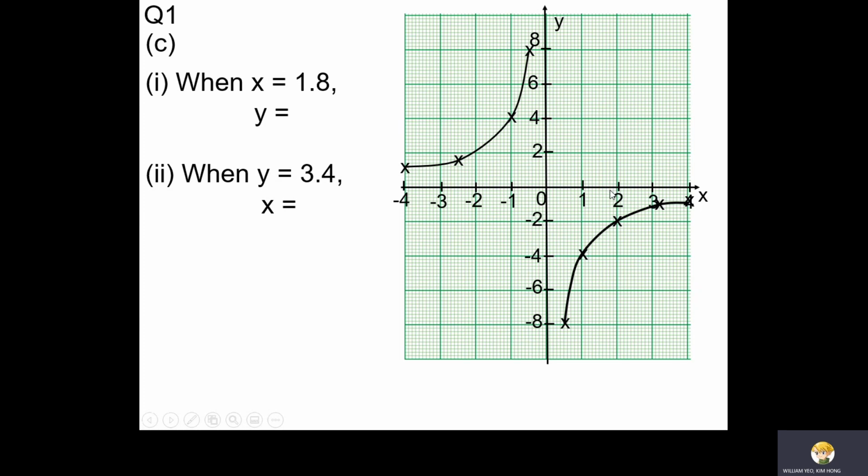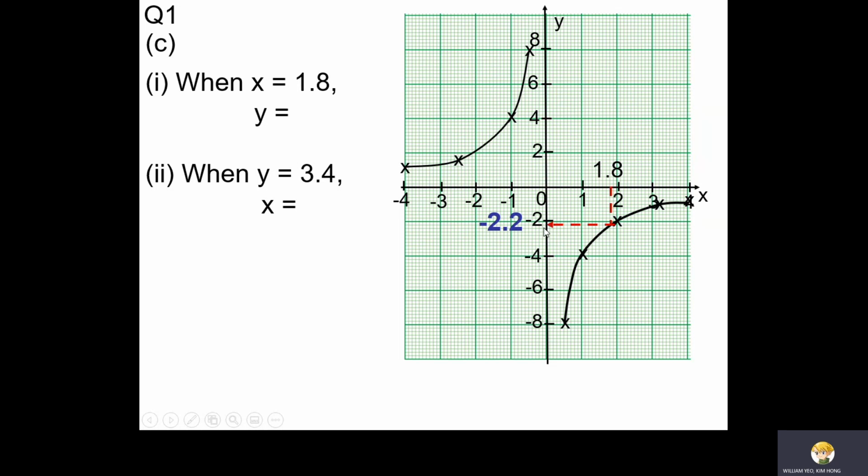So you draw a dashed line down here. Then you move to this side to see what the y is for this x. Then you read this point.